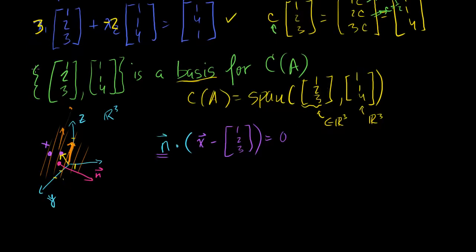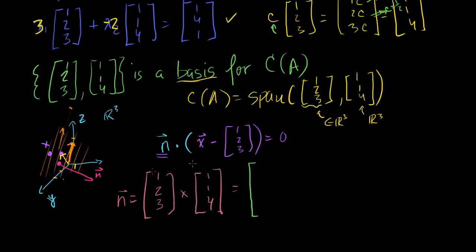So let's take the cross product. This is a nice way of thinking about it because it's really integrating everything that we've covered so far. So let me define my normal vector to be equal to 1, 2, 3 cross 1, 1, 4. And what does this equal? My first term, I ignore that.